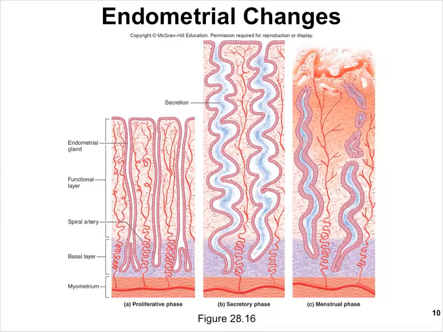If pregnancy does occur, then the developing embryo will produce a hormone that tells the corpus luteum not to degrade.